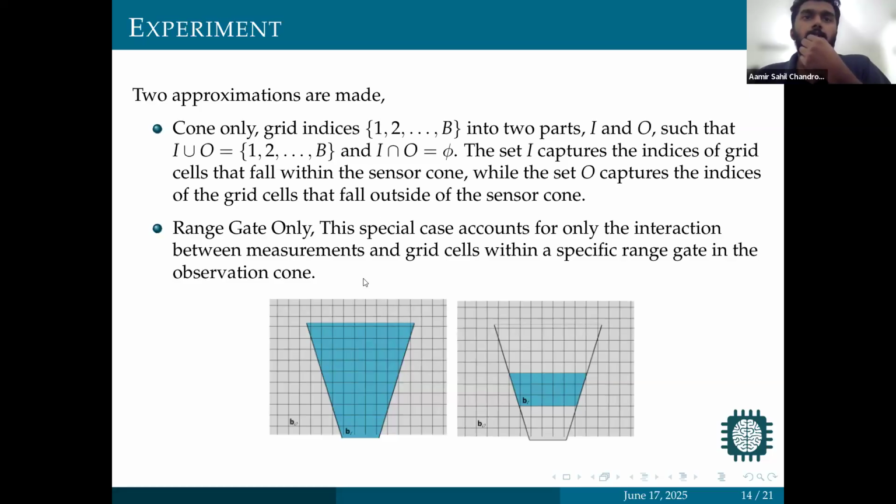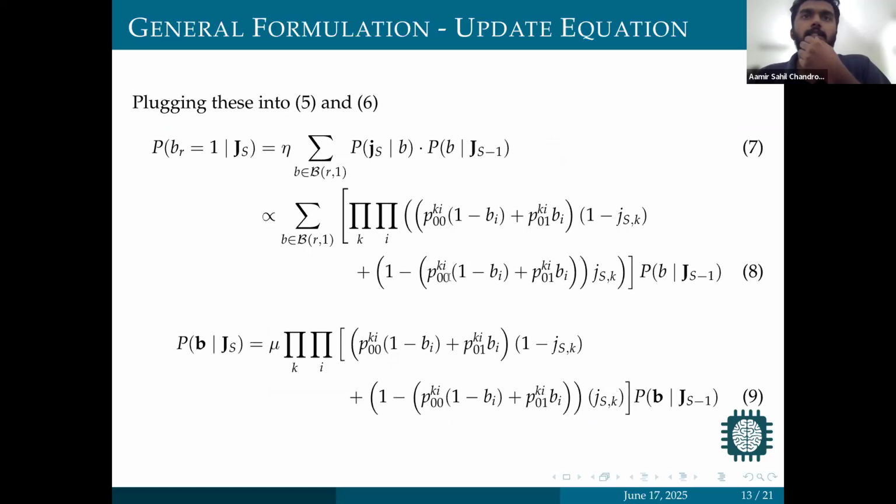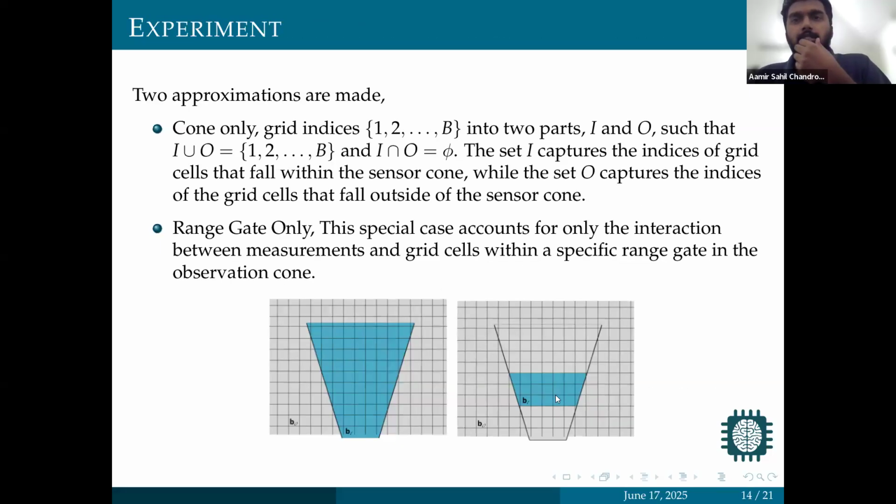One is to consider only a subset of the actual grid while doing this summation. And in the paper, they mentioned that the first one is called cone only. The second is called the range gate only.